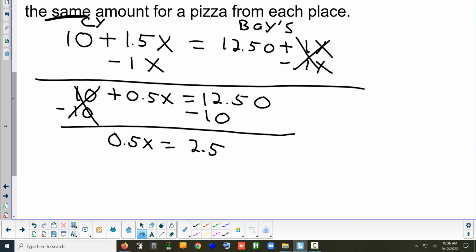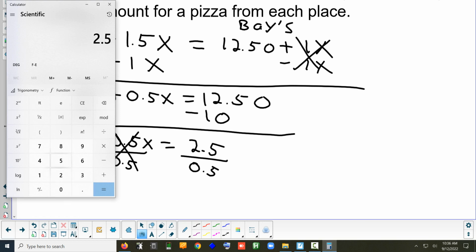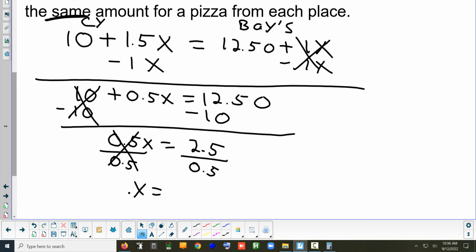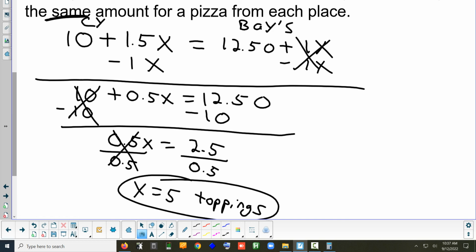How do you get rid of the 0.5 in front of the x? Yep. You divide. And what would you divide by? 0.5. Nice job. Okay, we can use our calculator if we're not sure on that. 2.5 divided by 0.5 is 5. So what that means is if you ordered 5 toppings on your pizza, it does not matter which pizza place you ordered from. It's going to be the same price. And that's it.